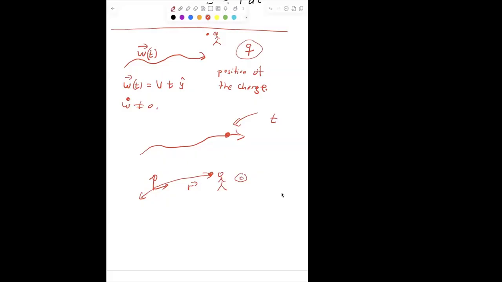The answer is no. I do not care about it at all, in some sense. Maybe you do care, but not for the calculations of the electric fields, simply because once the particle is here, it cannot transmit information to this point like this. It's impossible because the speed of light is finite. This is intuitive: there is a point along the path, in the history, where you were before.